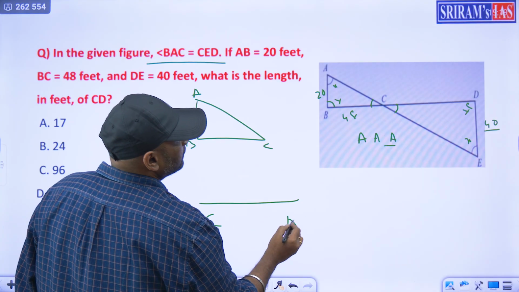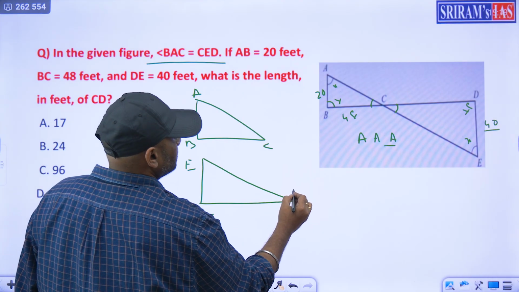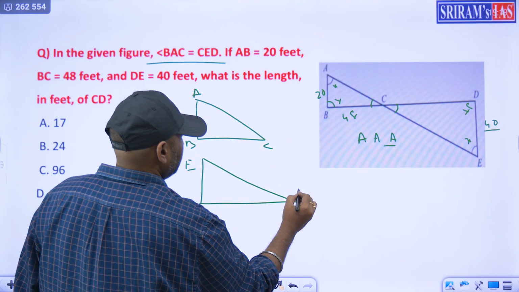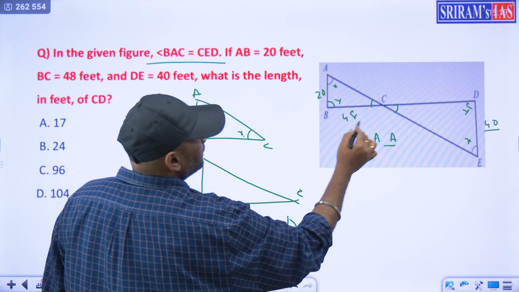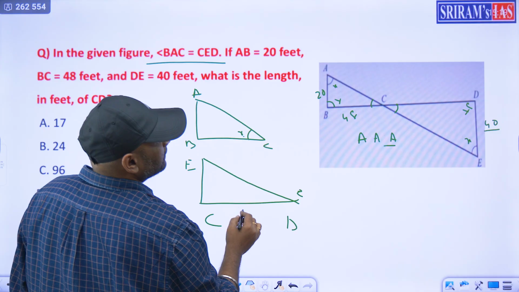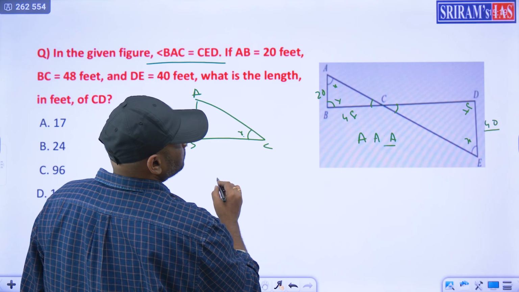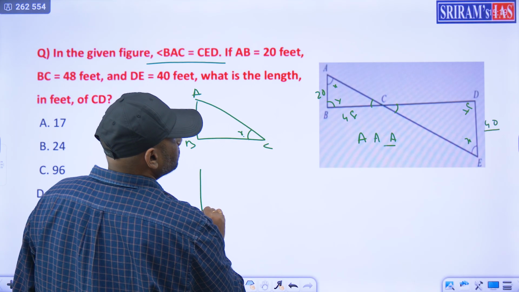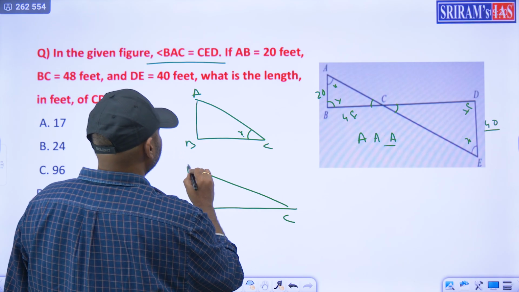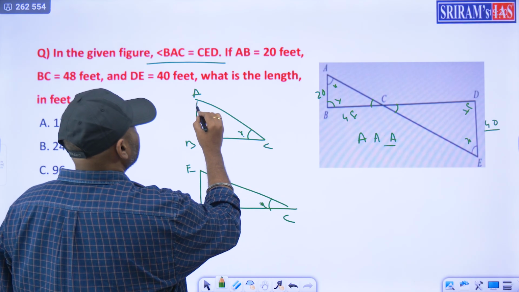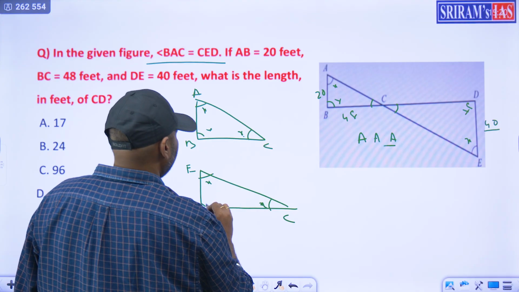So CD, you turn it this side, E, and you will get C. So now we have ACB, this is x, and DCE, this is also x, y, y. All the sides are proportional.